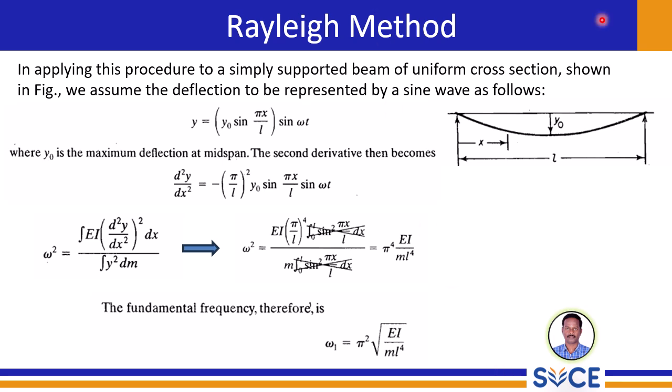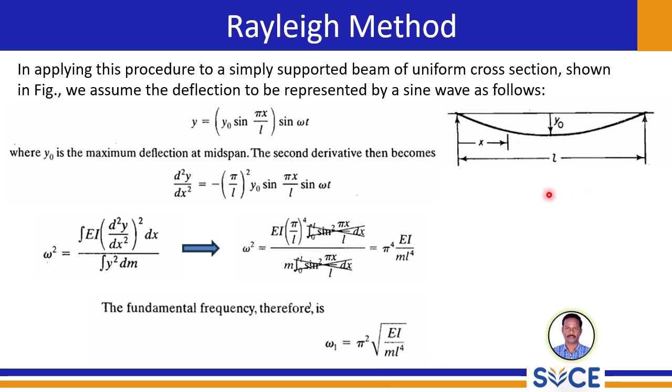Interestingly, the exact solution for the fundamental natural frequency of a simply supported beam with uniform mass distribution is this one. Our result from Rayleigh's method perfectly matches the exact solution in this case. This demonstrates that a well-chosen assumed mode shape can lead to a very accurate estimate of the natural frequency.